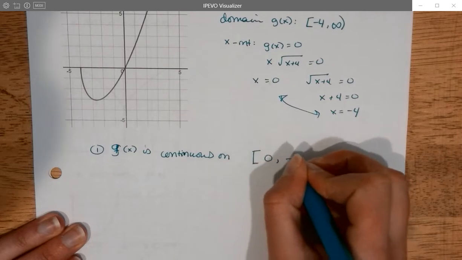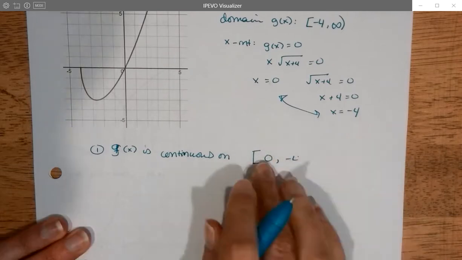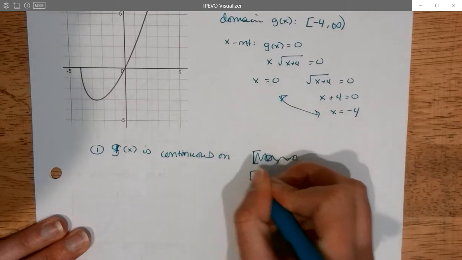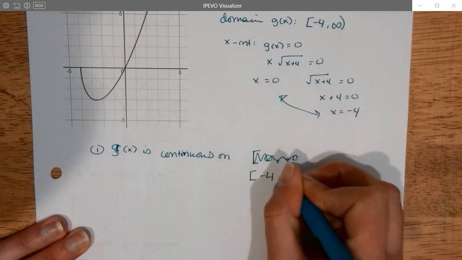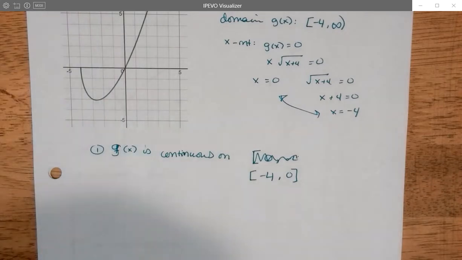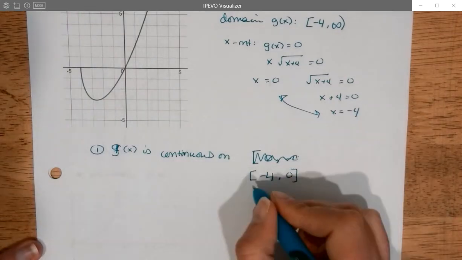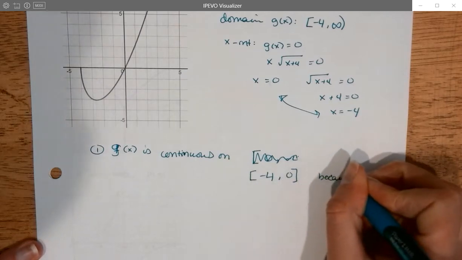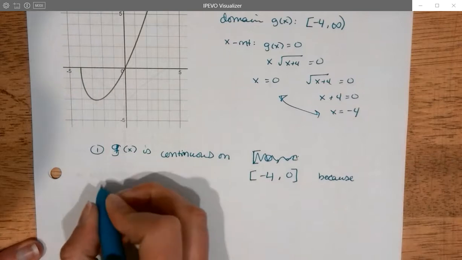Sorry, I was looking at those in order. I need to focus here. Continuous on the interval -4 to 0. Put them in numeric order, not in the order that you found them. So it's continuous on the interval -4 to 0 because it's a subset of the domain.